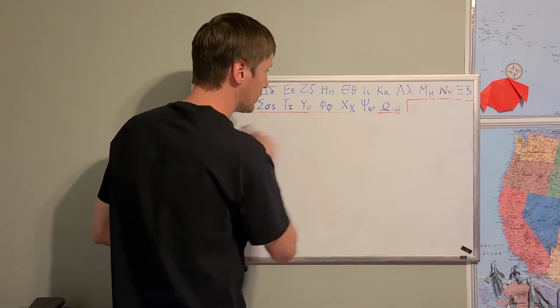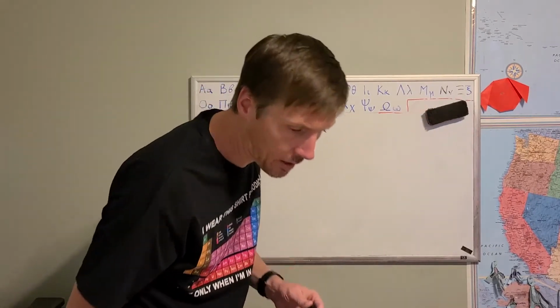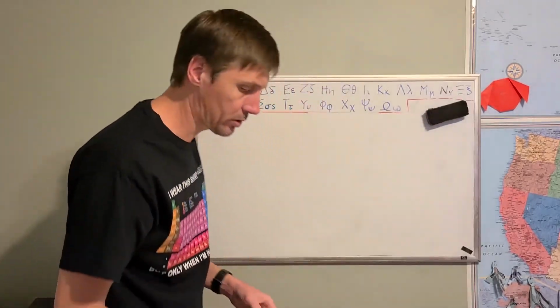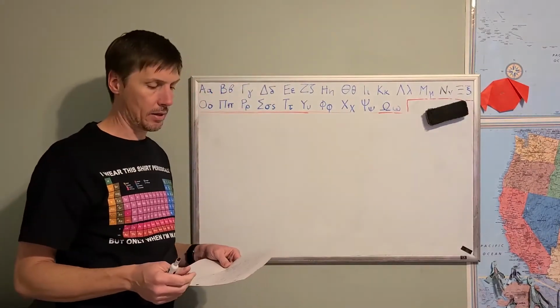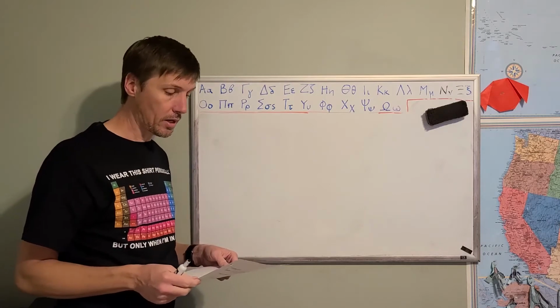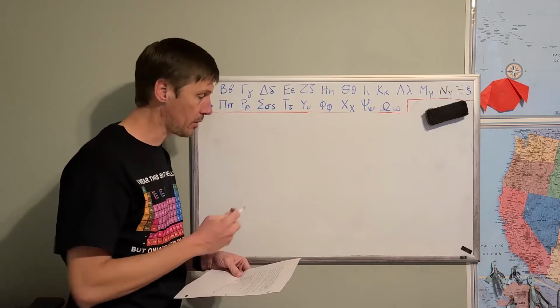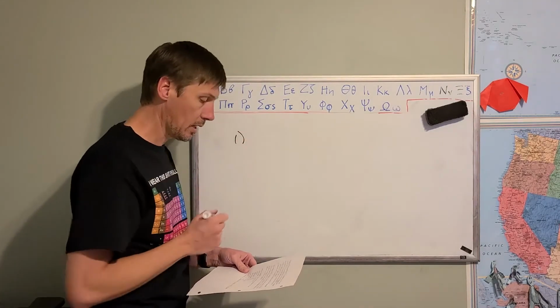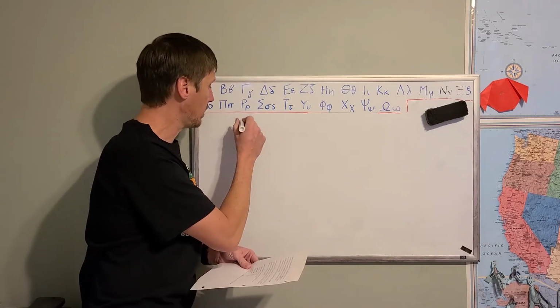A couple of final comments on polyatomic ions. Though ionic compounds that are formed by polyatomic ions are very similar to the ionic compounds we've already studied, there are a couple of important differences.